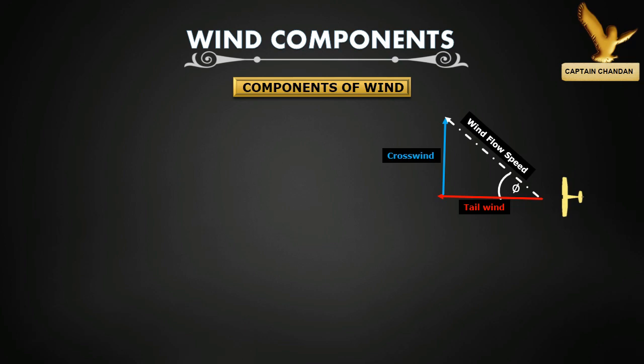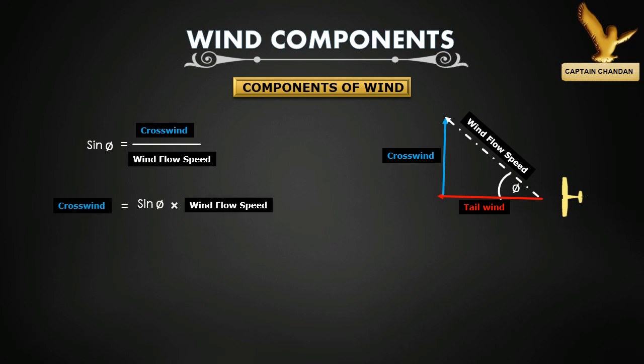Now we can derive a formula to find wind component. As we know, sin theta is opposite divided by hypotenuse. So in this diagram, sin theta equals crosswind divided by wind speed.